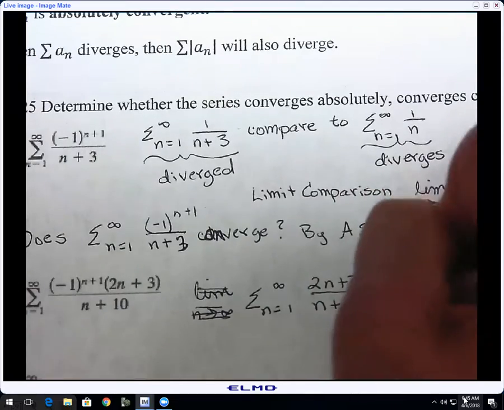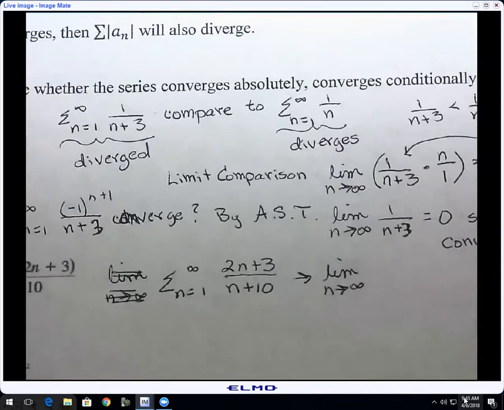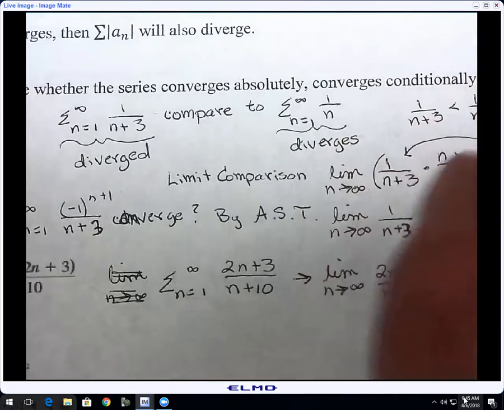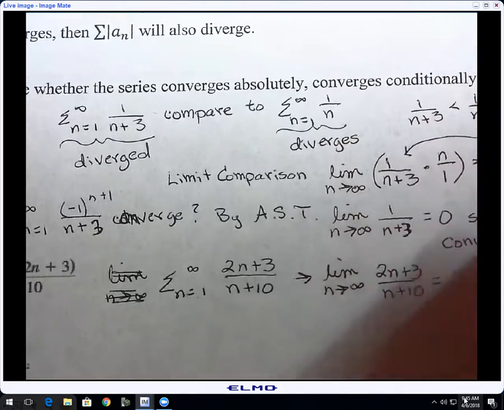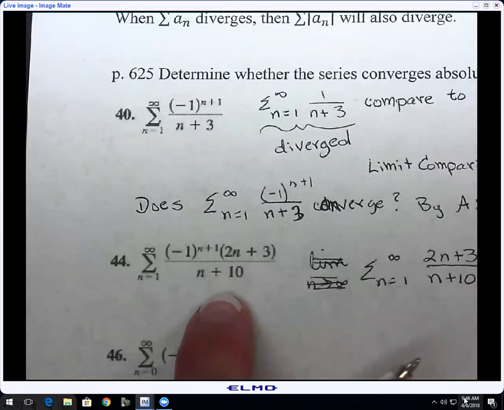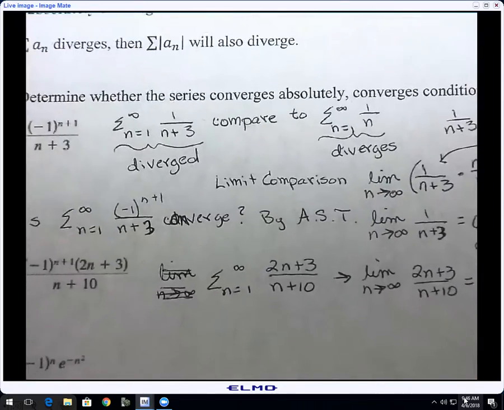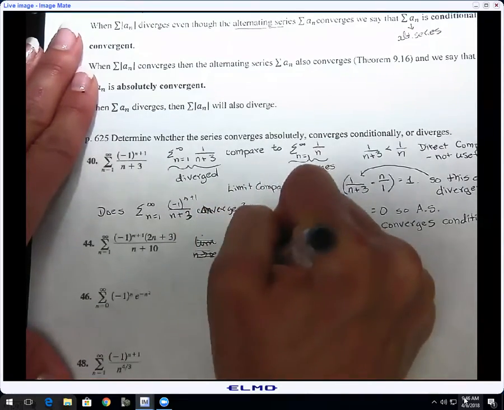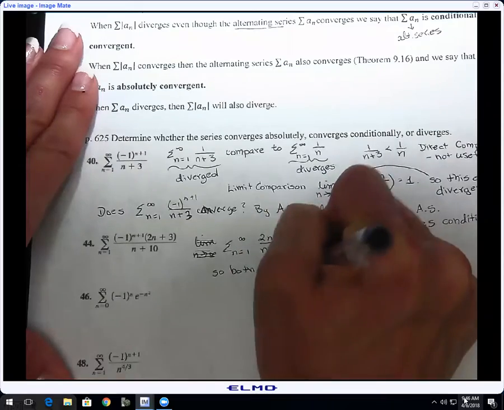The limit as n goes to infinity of 2n plus 3 over n plus 10 isn't 0, it's 2. And so this one definitely diverges. The absolute value series diverges. What does that tell you about the alternating series? Yeah, if one diverges, they both diverge. So I'm just going to say both series diverge.